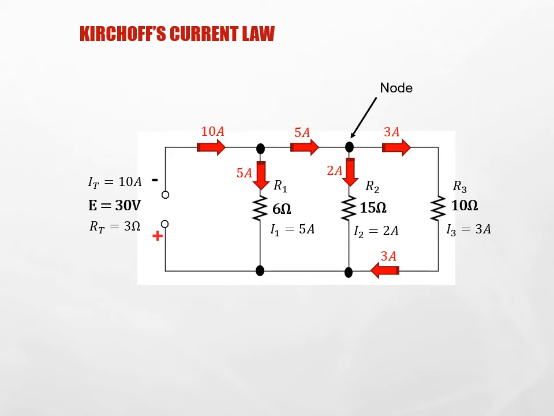So now I have 3 amps entering the node on the bottom. It will meet up with the 2 amps from the second branch. So now I have 2 amps entering and 3 amps entering, which means I must have 5 amps leaving. This 5 amps will come along to the next node. It will meet up with the 5 amps from branch 1. And I will end up with my resultant of 10 amps for my total circuit current.